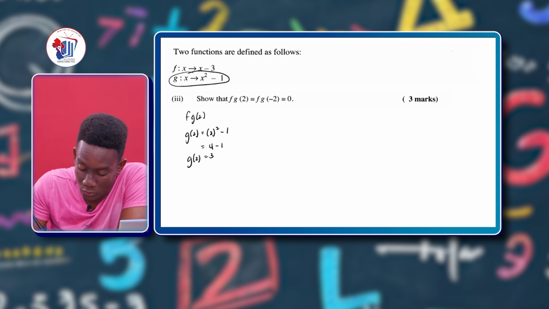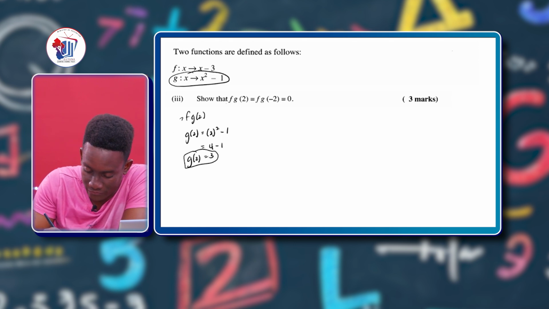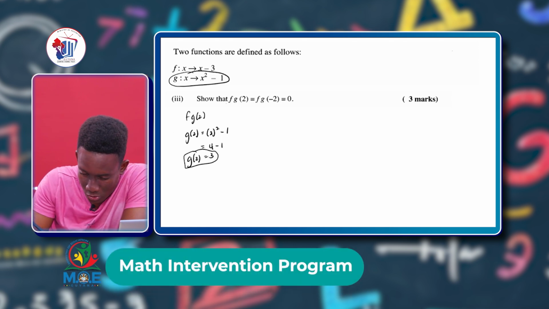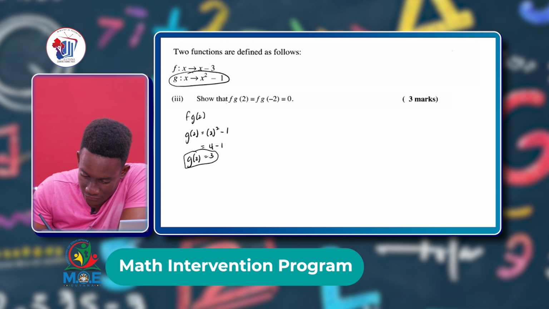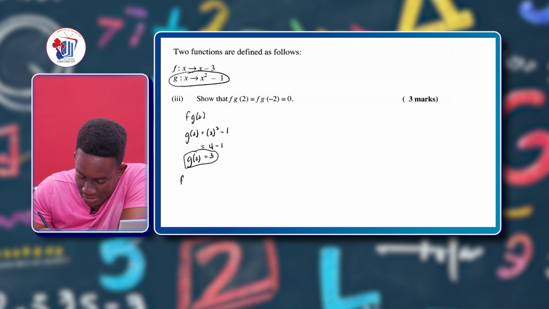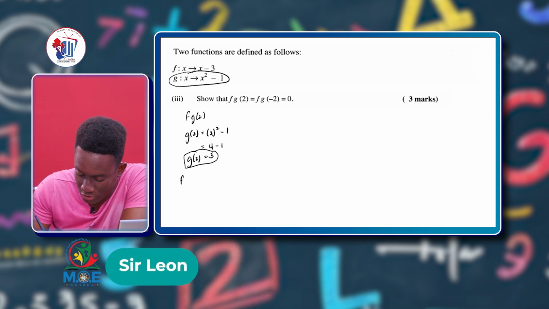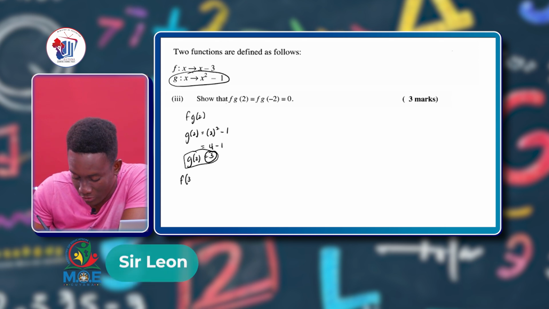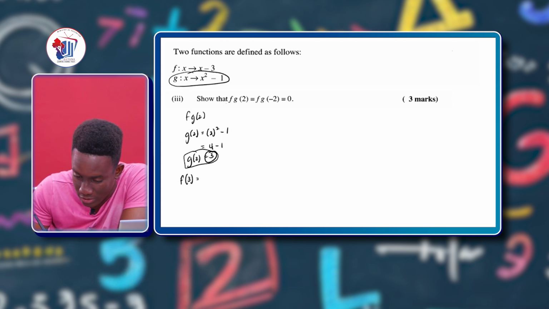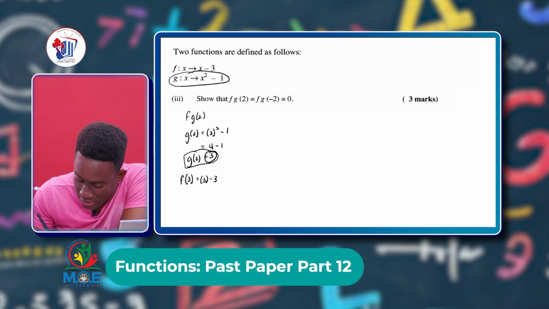The next thing we want to do now, we want to take this function here and put it inside the function f. So what we can do now, instead of fg of 2, we can say f, and we found g of 2 to be 3. So we can find f of 3 is equal to, so instead of x minus 3, we'll have 3 minus 3, which is equal to 0.